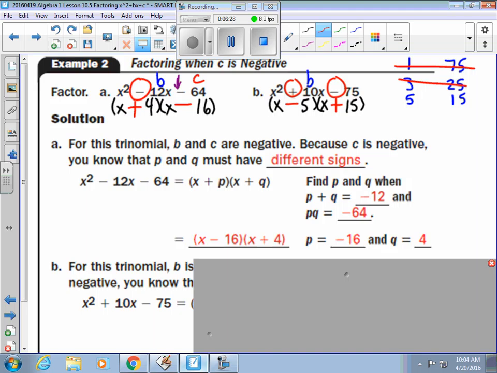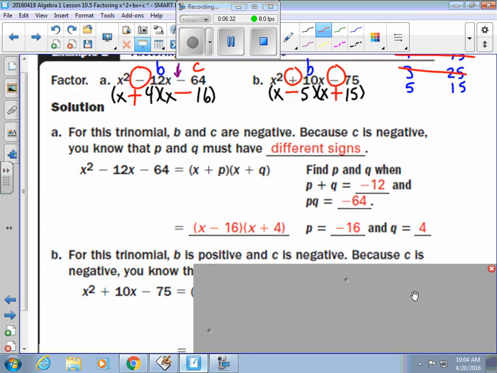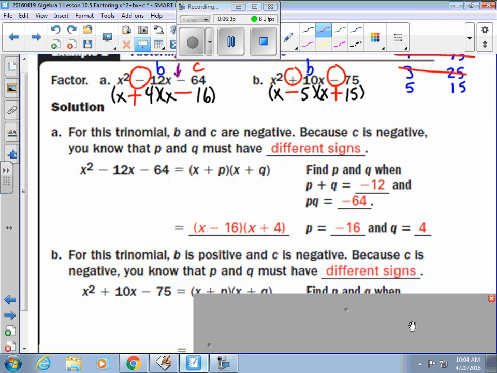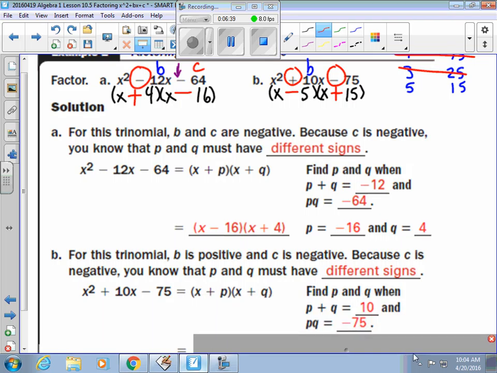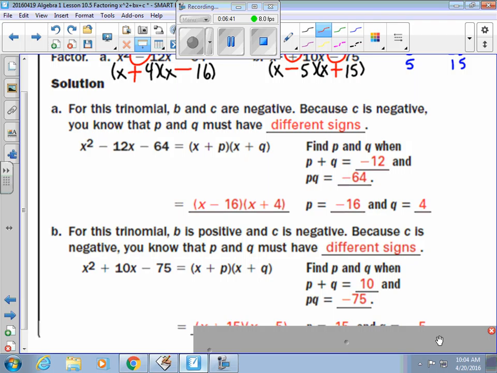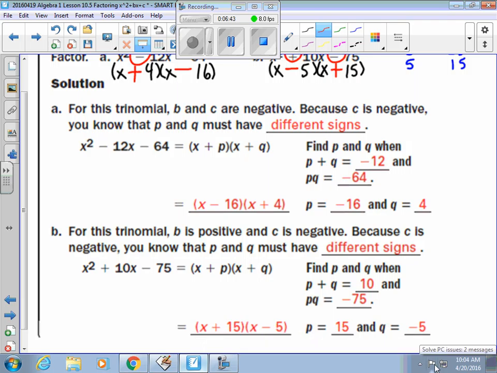It's irrelevant which one you call P and which one you call Q. And the same thing with this one. They also have different signs. We talked about that already. And with 5 and 15, they probably got those backwards from what I have as well. But the 15 is positive and the 5 is negative. Again, which one you call P and which one you call Q doesn't really matter when you're trying to factor it out.